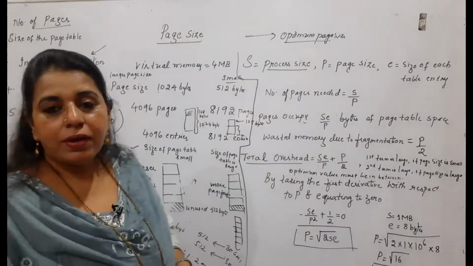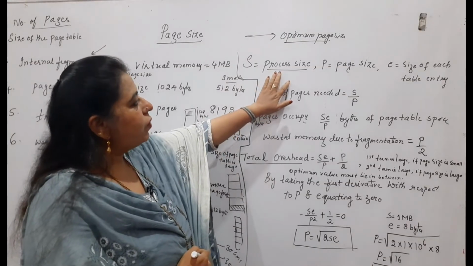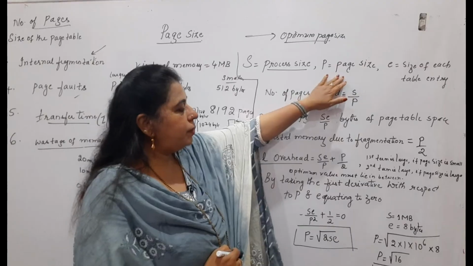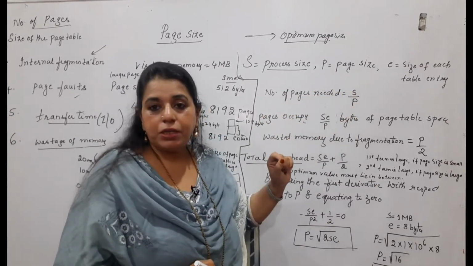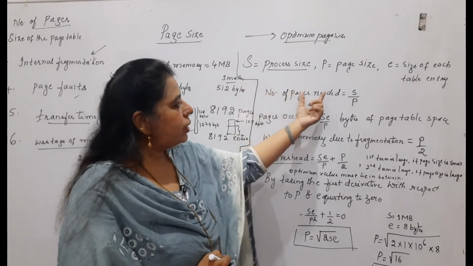To make that compromise, this is the derivation. To arrive at the formula for the optimum page size, you need the process size S, the page size P, and the size of each page table entry E. Once you get these three values, you can find out the number of pages.